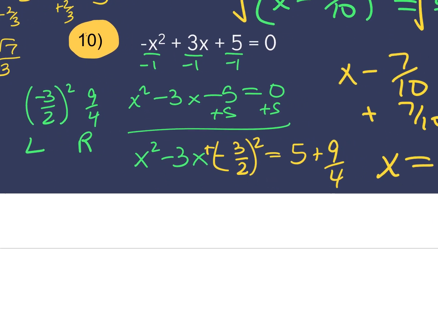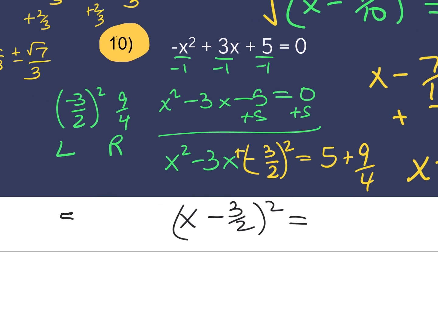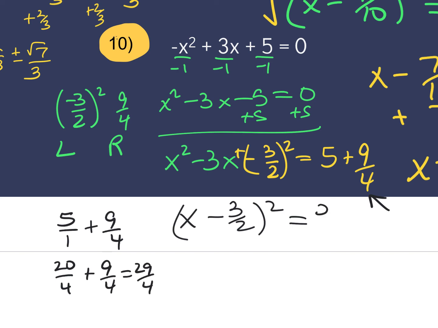I need to factor the left, x minus 3 over 2 squared. I need to add the 5 plus the 9, so 5 over 1 plus 9 over 4. I'm adding this. Common denominator is 4. This will become 20 over 4. So when I add it, I get 29 over 4. And now I apply the square root method.